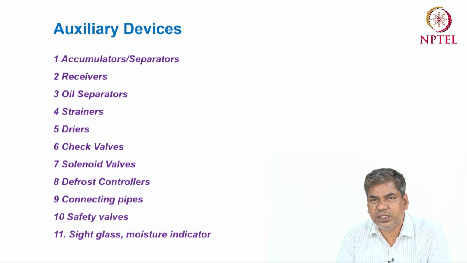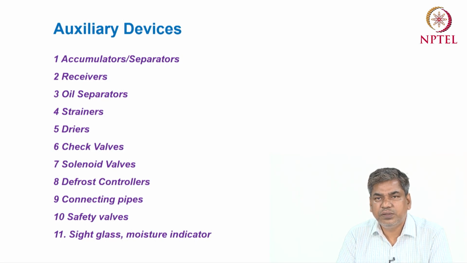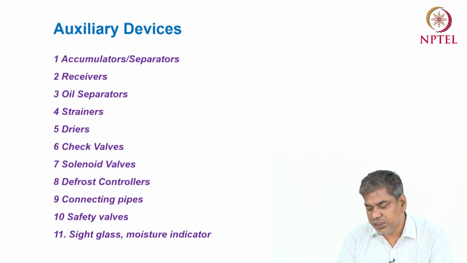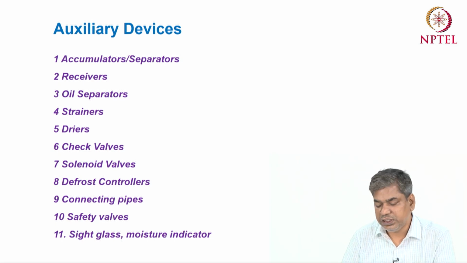For that case the oil separator and oil pump are required for the recirculation of the oil into the compressor. Similarly, the strainer, dryer, check valve, solenoid valve, differential pressure controller, connecting pipes, safety valve, sight glass and moisture indicators. These are some auxiliary devices which are used in vapor compression refrigeration systems.